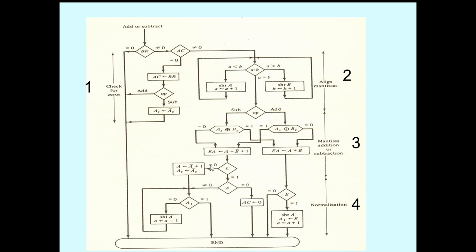If A is not equal to 0, we have to make it the corrective form: A complement plus 1, whatever the result in A. A is less than B if E equals 0.